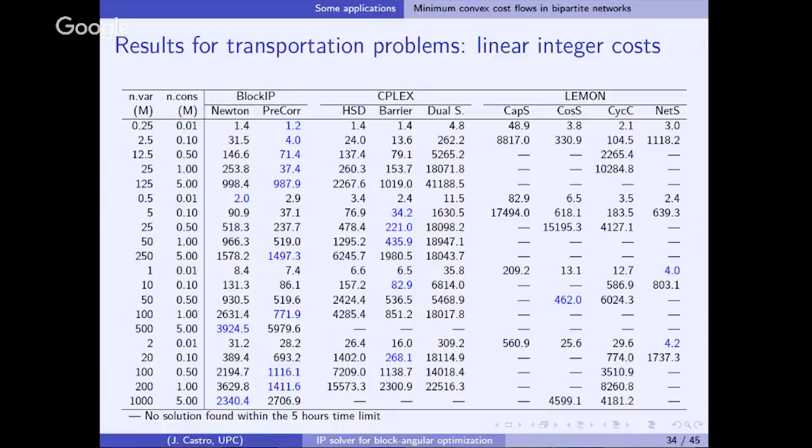So these are results for problems with several numbers of origin nodes and destination nodes. This is the total number of variables and constraints. The largest problem has 1,000 million, so 1 billion arcs, and this number of constraints, 5 million constraints. These are problems with 1,000 supply nodes and 1 million destination nodes, okay?